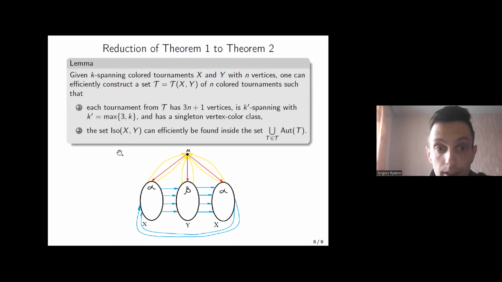And the set of all isomorphisms from X to Y can efficiently be found inside the union of automorphism groups of the tournaments from our set.